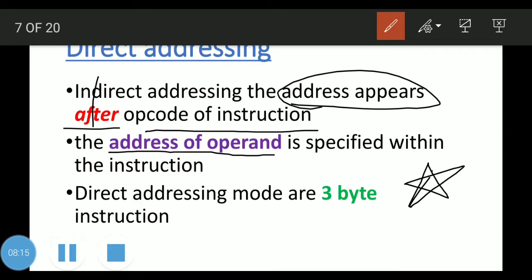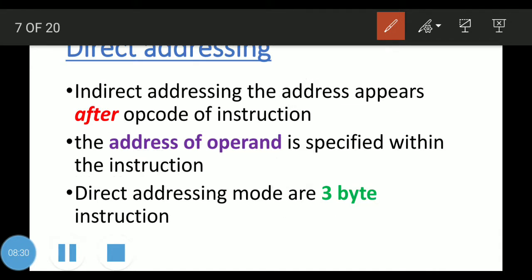Direct addressing mode instructions are 3 bytes. This instruction is 3 bytes, which means each byte has a different allocation. Let us see this allocation.